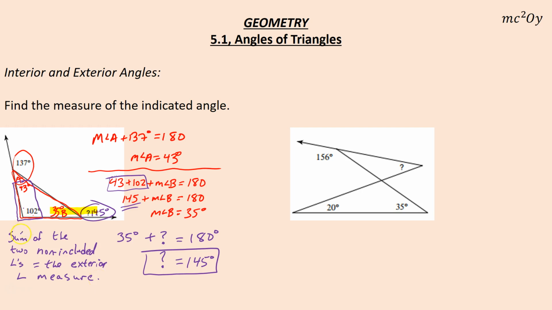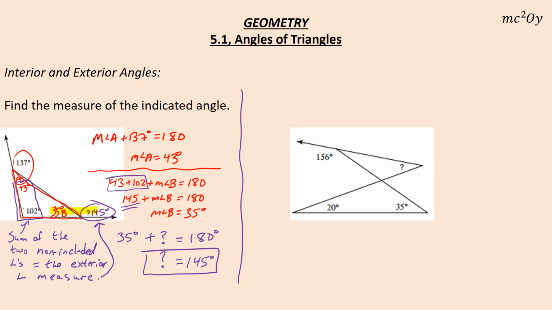Okay, so the sum of these will equal that. You're going to use that quite often. So just be aware of it. Keep referencing this. All right, let's try another one here.